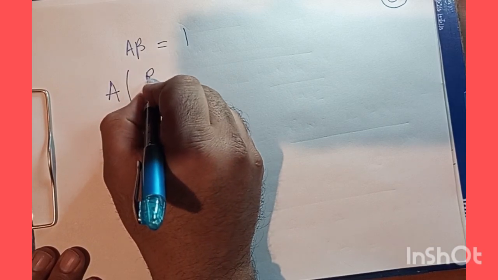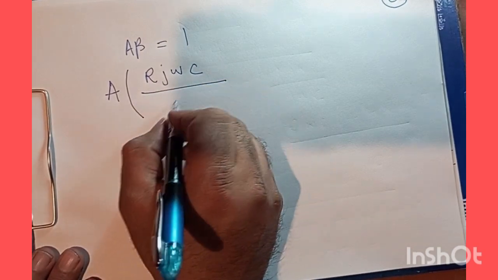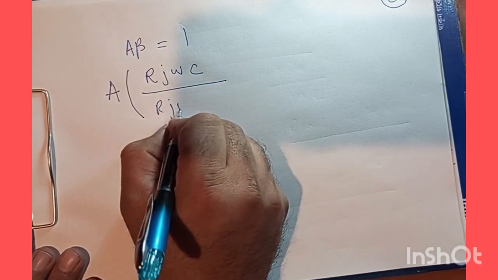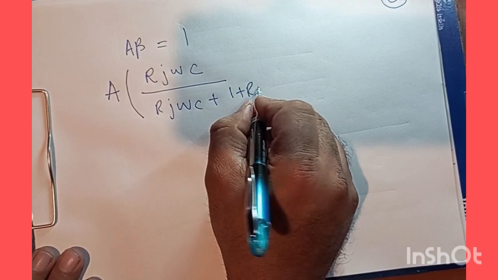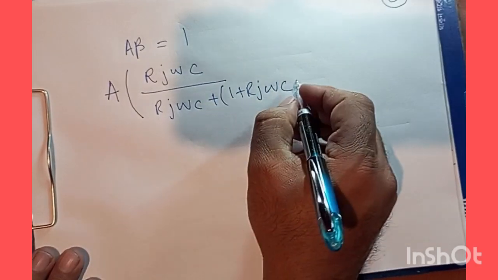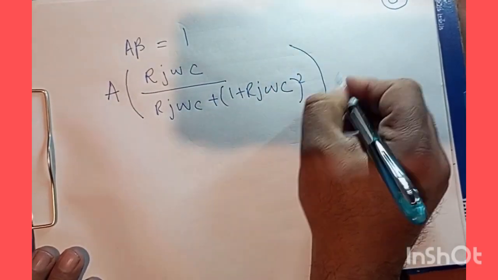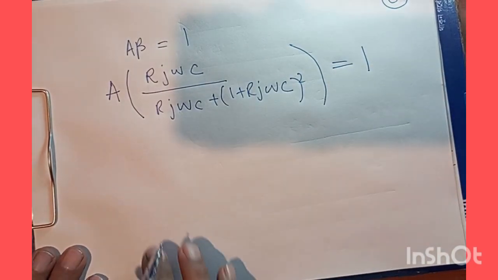That is R j omega C divided by R j omega C plus 1 plus R j omega C whole square, and this whole thing is equal to 1.